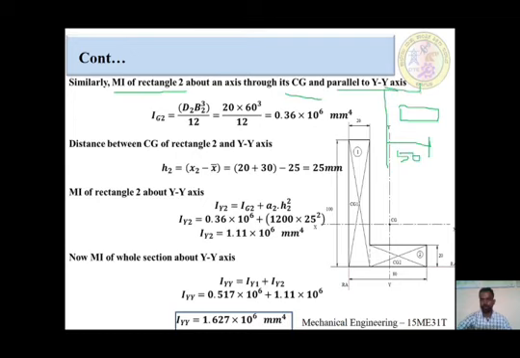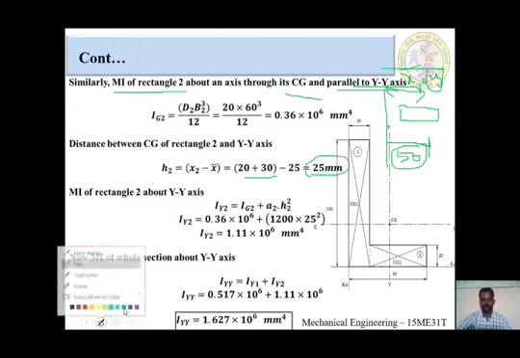From here to half of the component, that is X bar, we got 25. We do 50 minus 25 to get the H value, which is 25 millimeter. This distance is H.